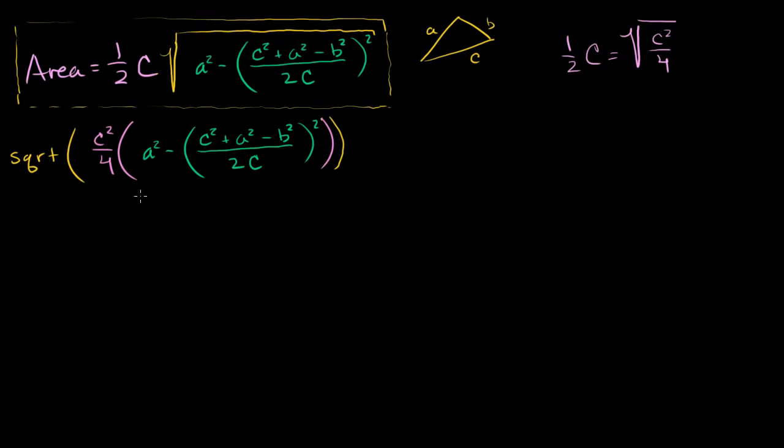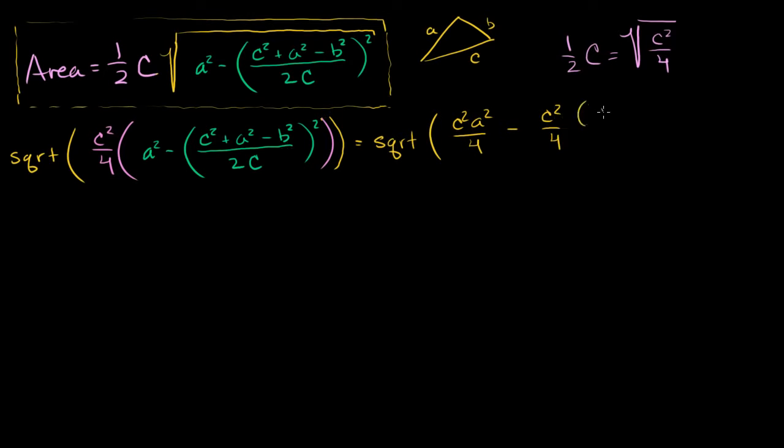And then this thing, let me just distribute the c squared over 4. This is going to be equal to the square root. This is going to be hairy, but I think you'll find it satisfying to see how this could turn into something as simple as Heron's formula. The square root of c squared over 4 times a squared is c squared a squared over 4 minus c squared over 4, I'm just distributing this, times, and I'm going to write it as the numerator squared over the denominator squared.